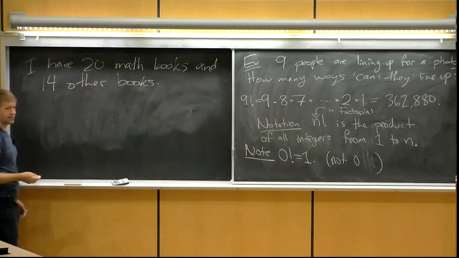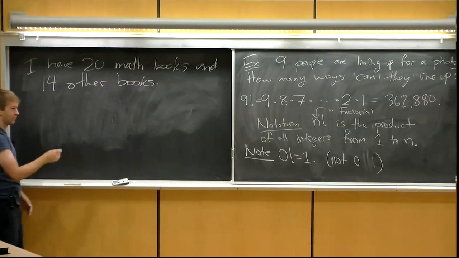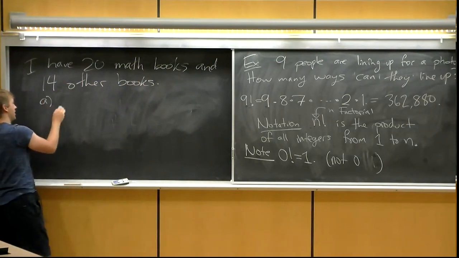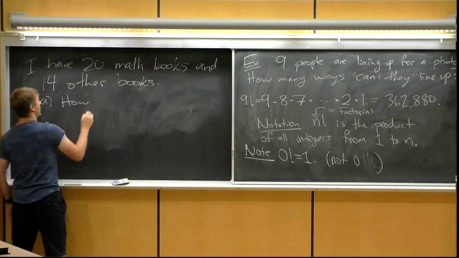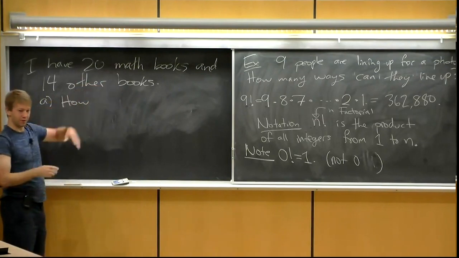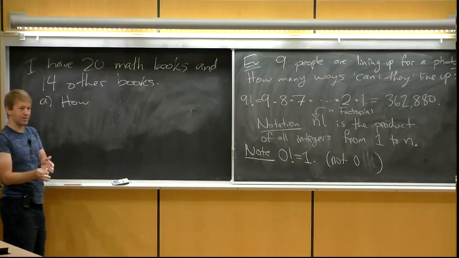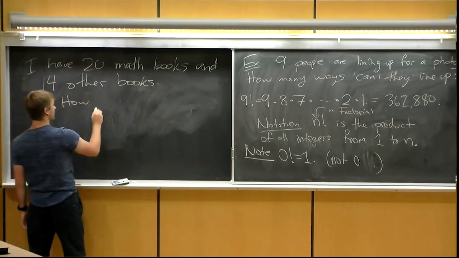How many ways can we arrange the books on a shelf? So that's going to be the first part of the question. Oh, and all of these books are different. I don't have two copies of the same book. So they're all different books.